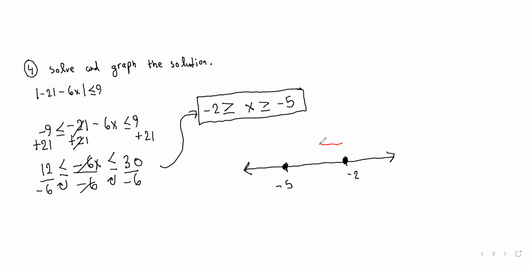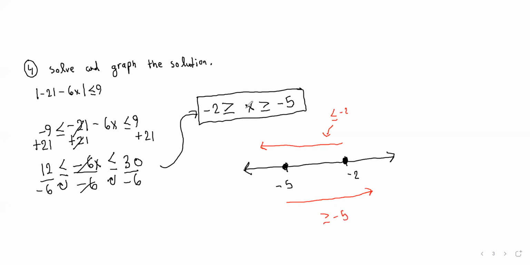So that's everything to the left. So you can think of it like being everything in this direction. So that's everything less than or equal to minus 2. Now we also want everything greater than or equal to minus 5. So down here, that's everything to the right of minus 5. So that's greater than or equal to minus 5.